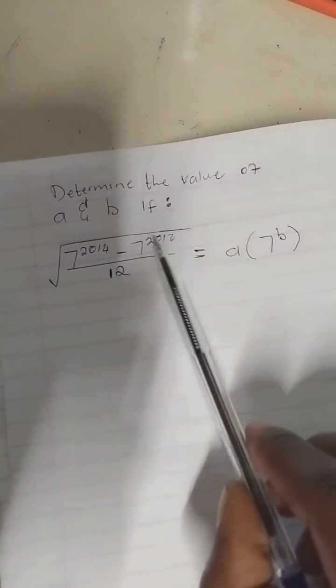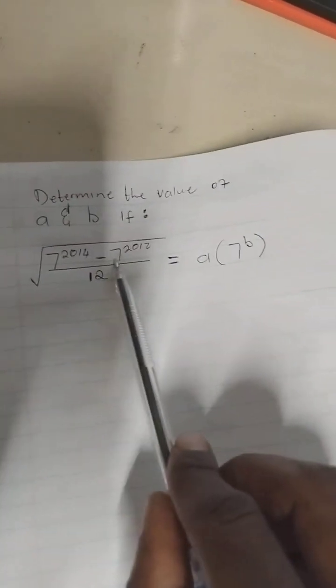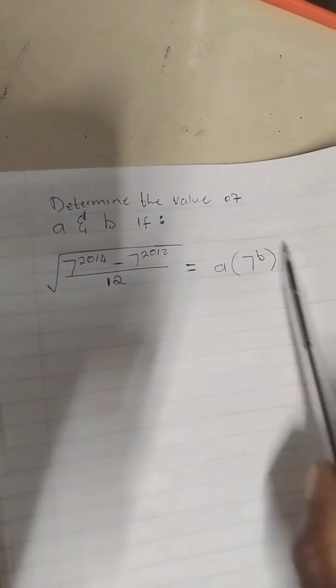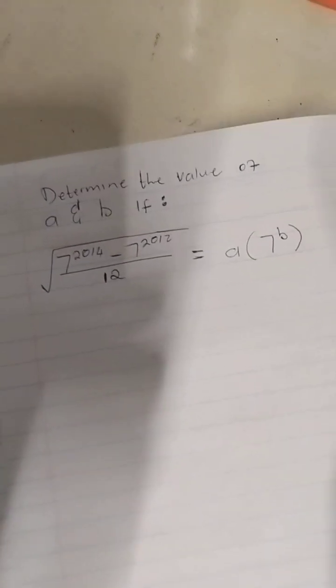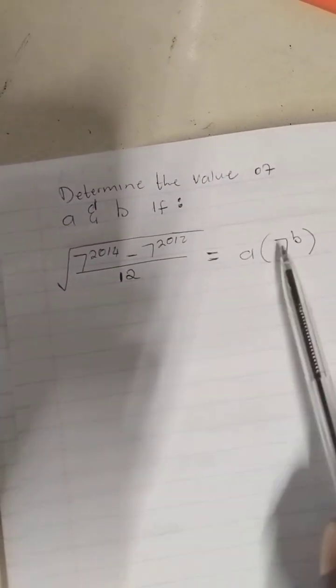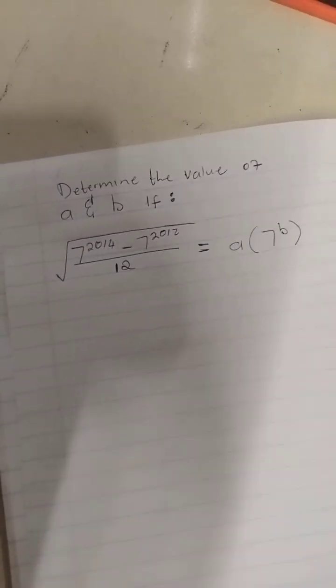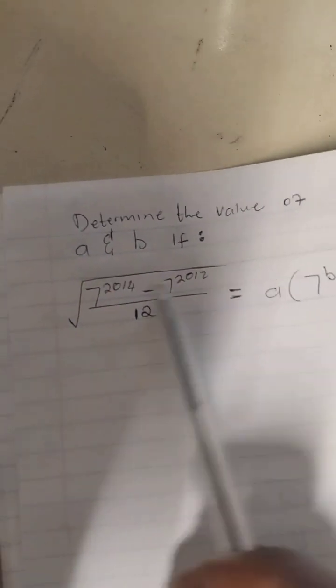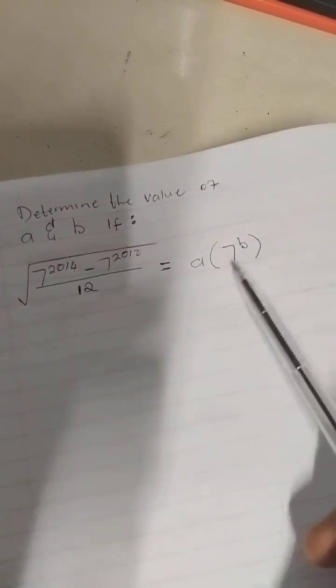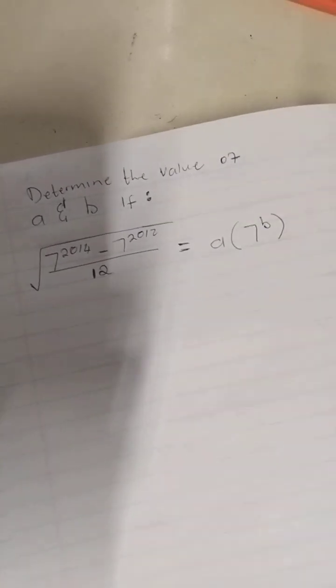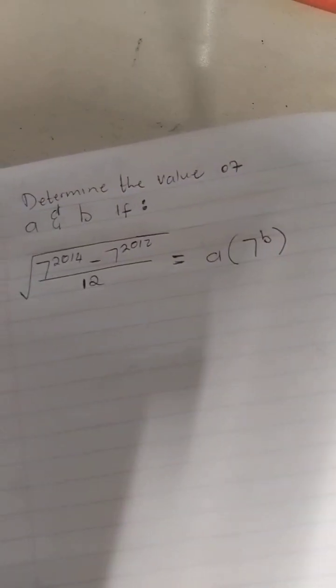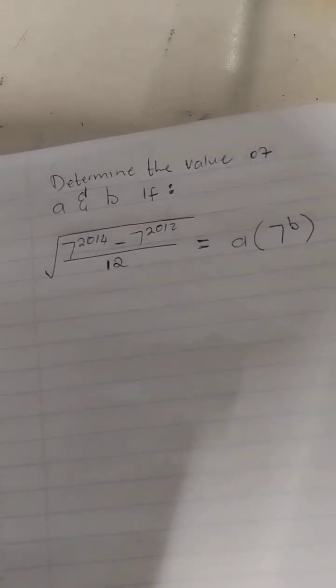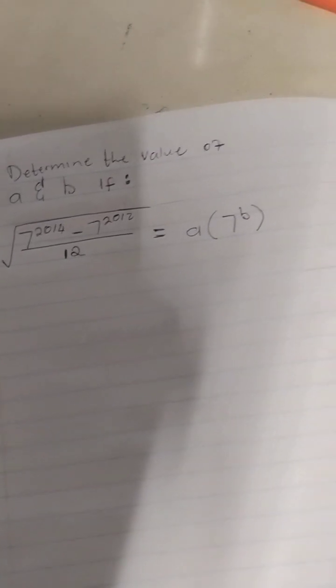They want you to simplify this to be in that order. You shouldn't be panicking, thinking there's a problem because you can't solve for a and b. Some people will say we will square both sides. Yes, it's grade 11 and 12.